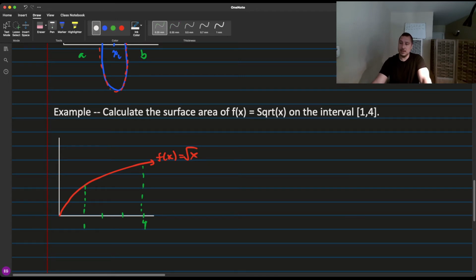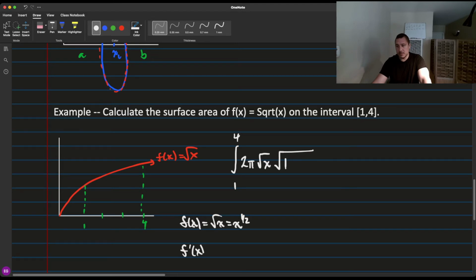So let's set this up. We're going to integrate from 1 to 4, 2 pi f of x. So remember your f of x equals square root x, which is x to the 1/2. And then you're going to have times the square root of 1 plus f prime squared. Well, the derivative of this is going to be 1/2 x to the minus 1/2.